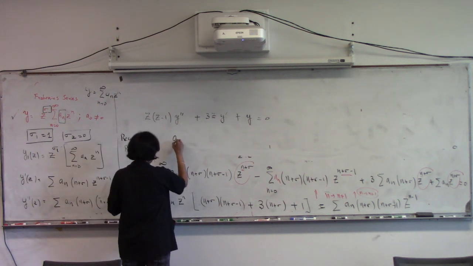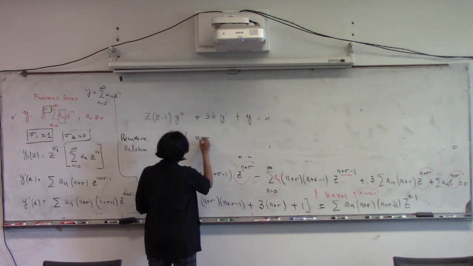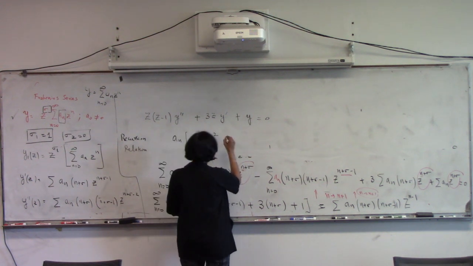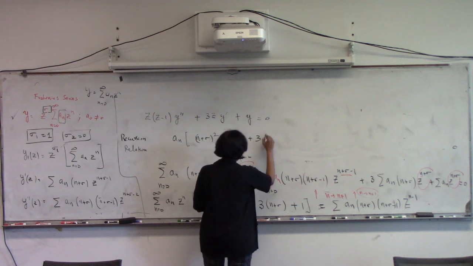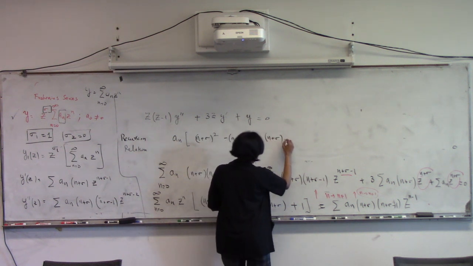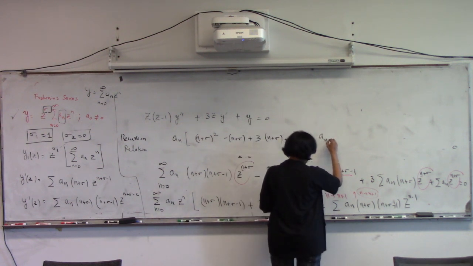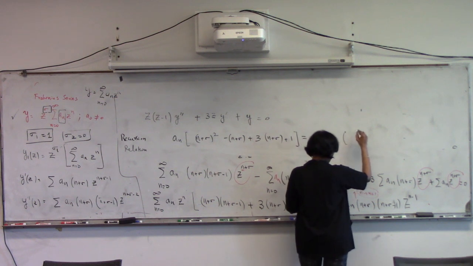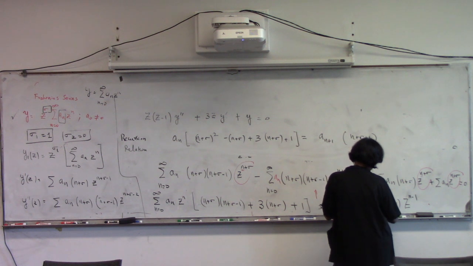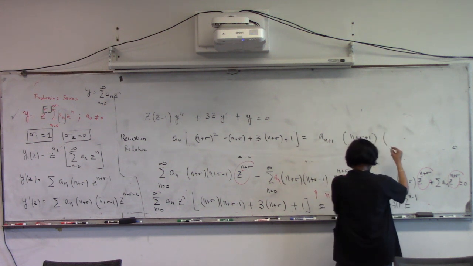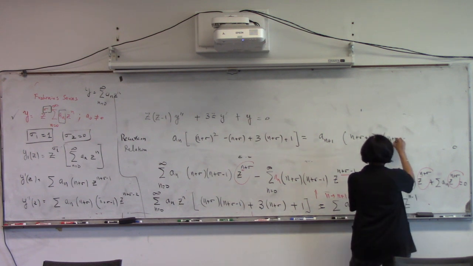What I have is a_n (n plus sigma) squared minus (n plus sigma) plus 3 times (n plus sigma) plus 1 is nothing but a sub n plus 1 times (n plus sigma plus 1)(n plus 1), wait a second, yeah, n plus sigma plus 1, so it is n plus sigma.